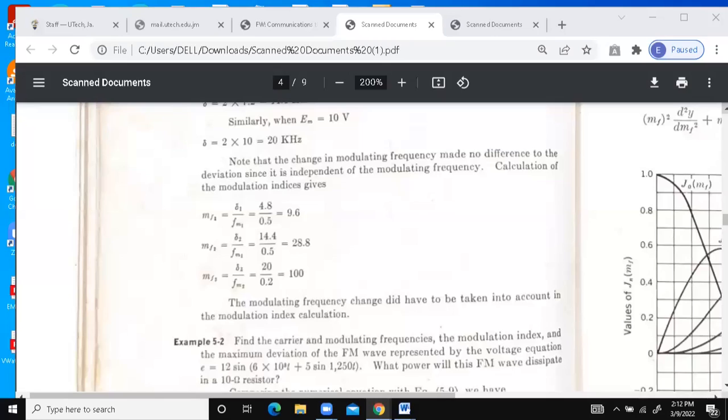It's just that some are more efficient, based on what frequency or what amplitude you're operating at.